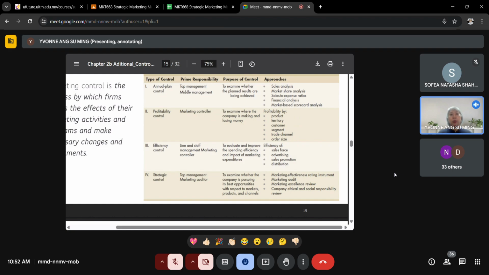So if it's a goods product, and it is a goods product which the company organizes by, let's say, dia punya geographical location, then maybe we look at territory. Is the product selling more in Penang? Why? Is the product selling better in Johor? Why? Okay, what contributes to it?